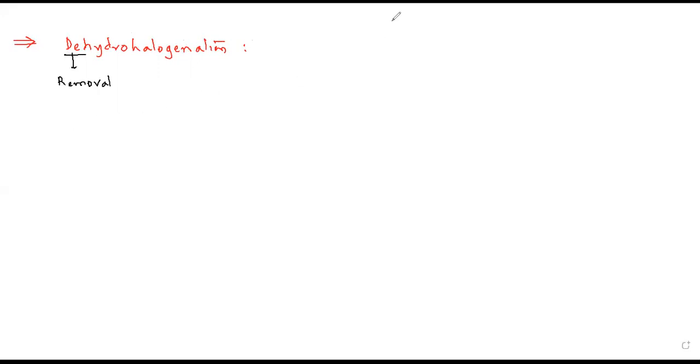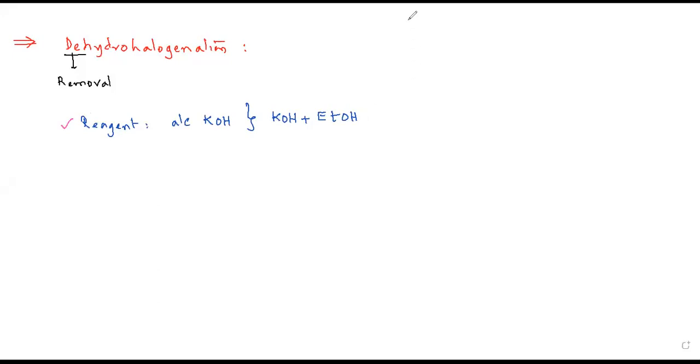Okay, so in this case, you know, the reagent used here is alcoholic KOH. We have already used it. So the dehydrohalogenating reagent is alcoholic KOH, right?